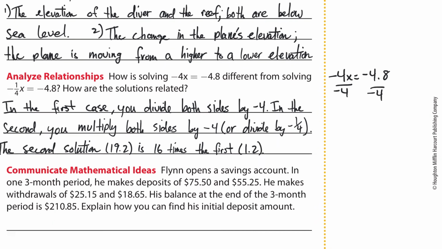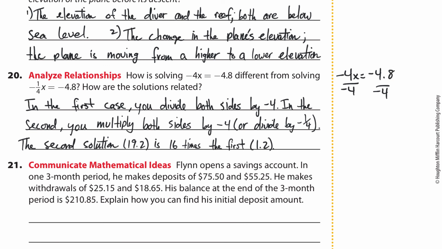Now, in the other one, in the second, you multiply both sides by negative 4, or divide by negative 1/4, same kind of thing. So I'll write that here and show you. That would be negative 1/4 x equals negative 4.8. If you multiply this by negative 4, then negative 4 is the same thing as negative 4 over 1, then these would cancel.